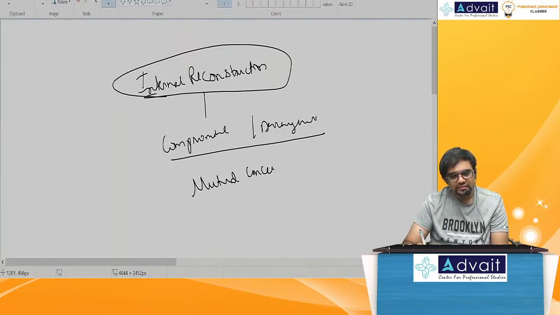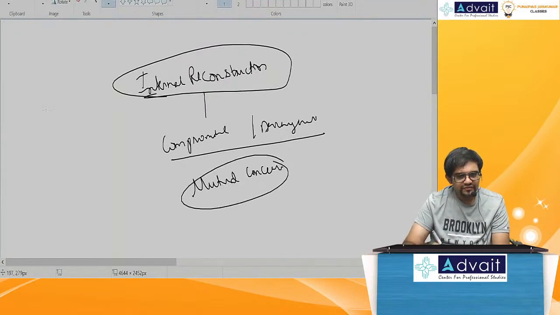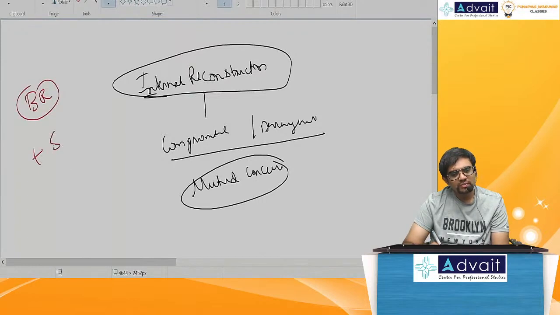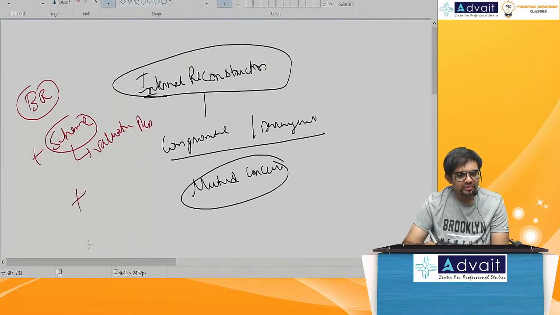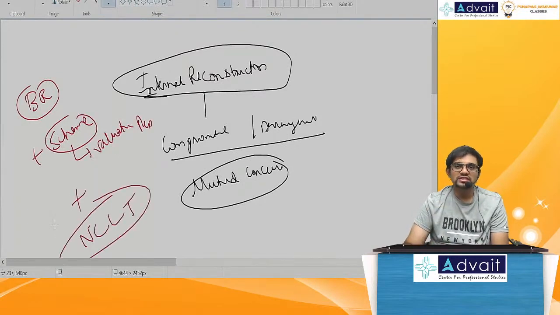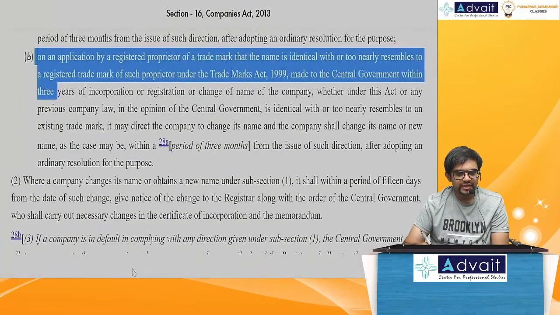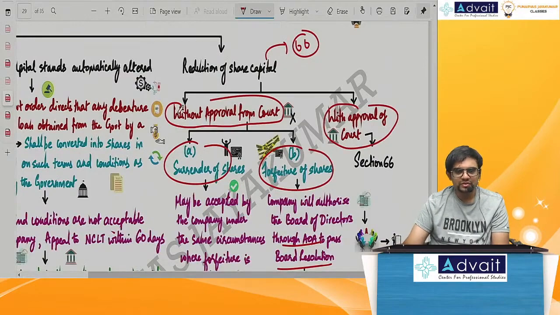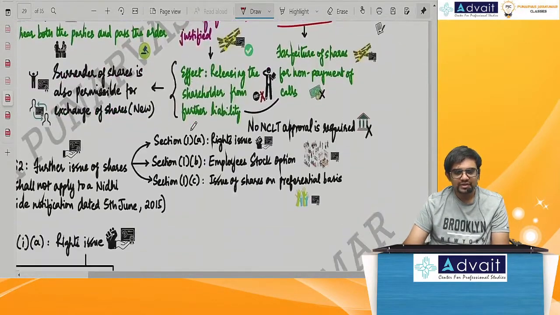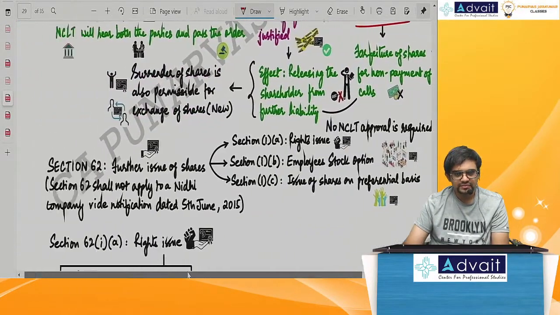So apart from the board resolution, you should also approve the scheme, and this scheme will be as per the valuation report, and most importantly NCLT approval is needed. NCLT will check whether it is done or not. Same way you need to take this into account. That is with respect to reduction of share capital under section 66.